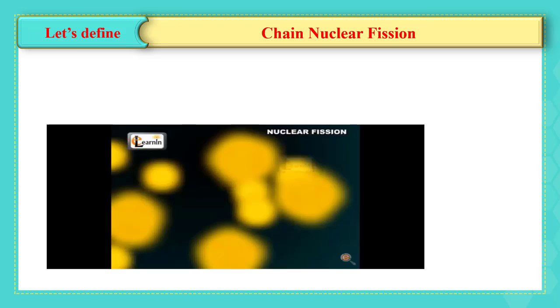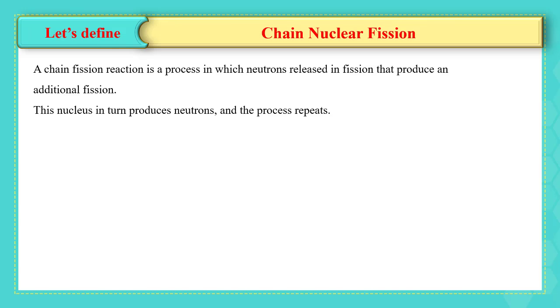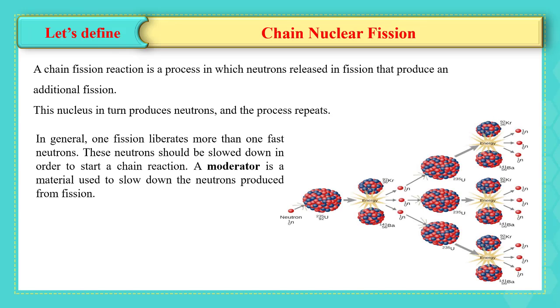These produced neutrons will undergo another fission reaction if they have a suitable value of kinetic energy. So, a chain fission reaction is a process in which neutrons released in fission produce additional fission and the process repeats. In general, one fission liberates more than one fast neutron.